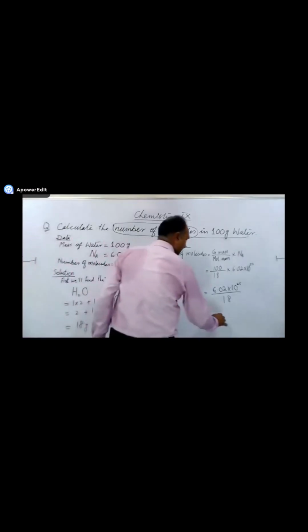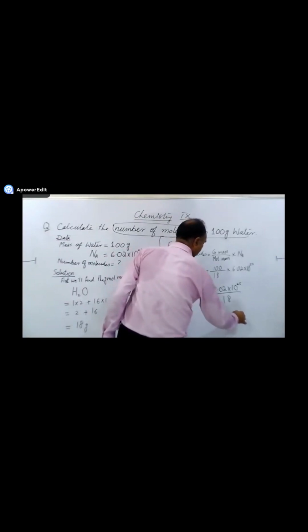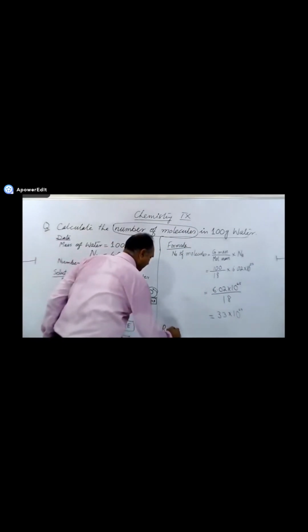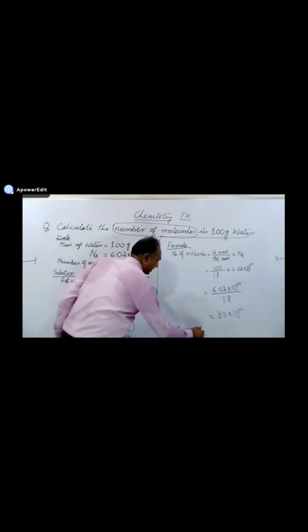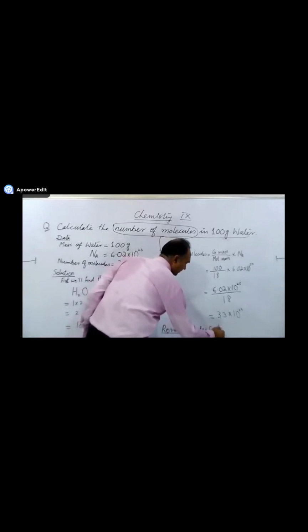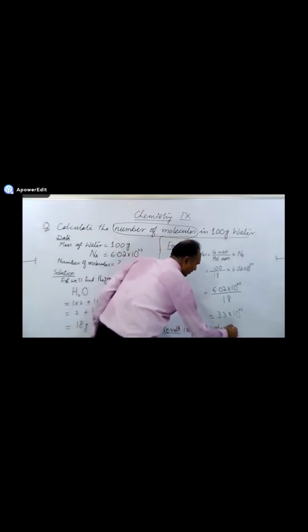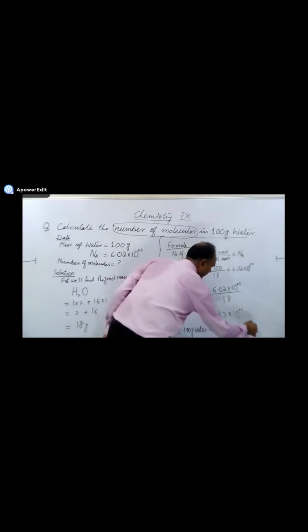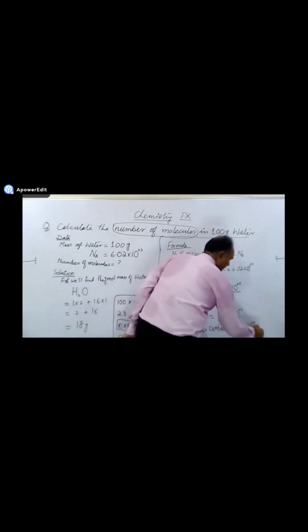So you will get 3.33 into 10 to the power 24. And then what will you do in the result? You write in the result that 100-gram water contains 3.33 into 10 to the power 24 water molecules.